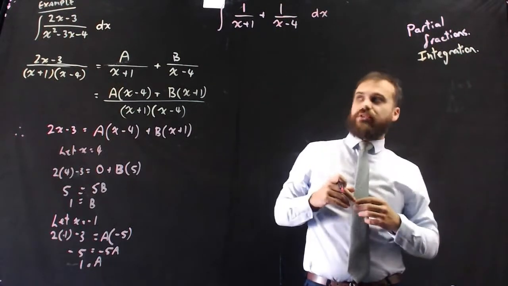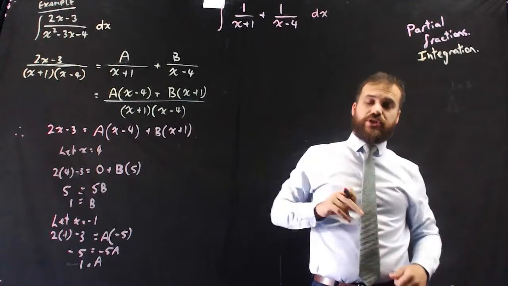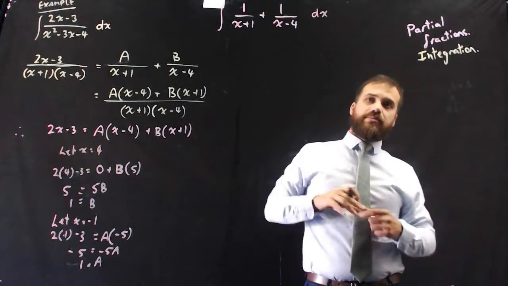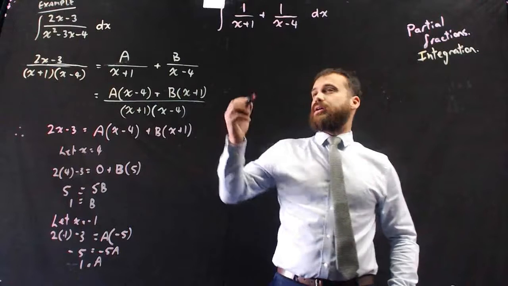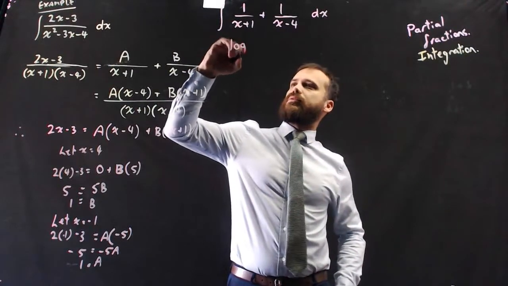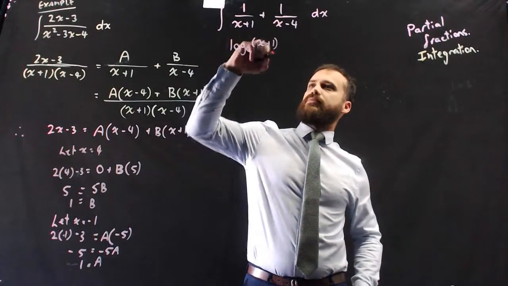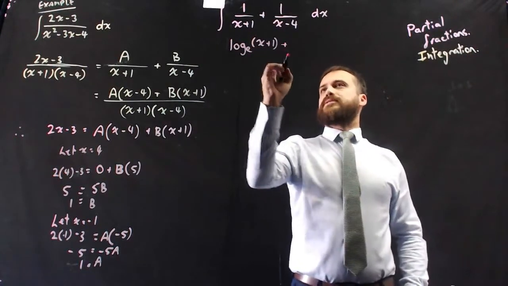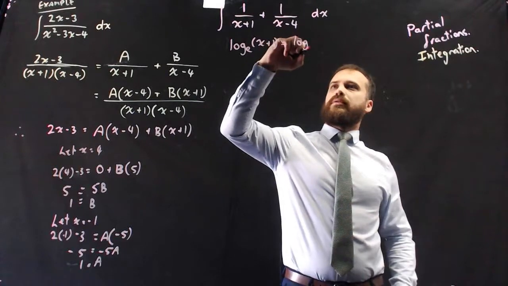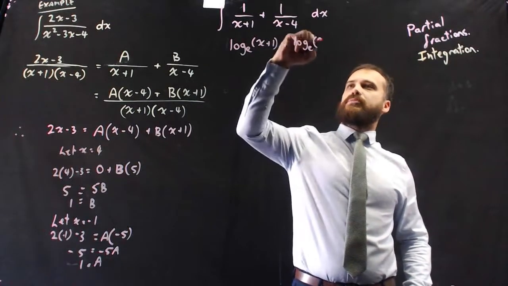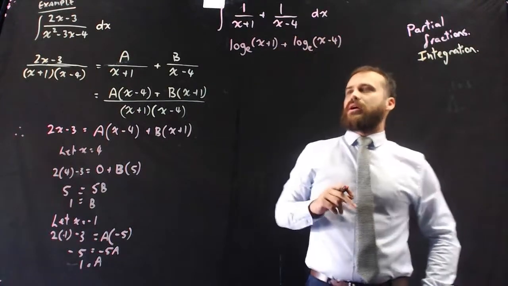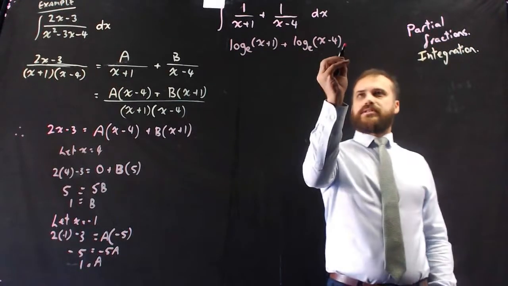And now we're just going to integrate those fractions individually. 1 over something, that's going to be a log. So we're going to end up with log base e of (x + 1) plus log base e of (x - 4), plus the C.